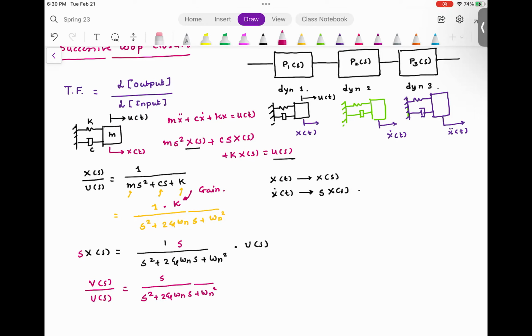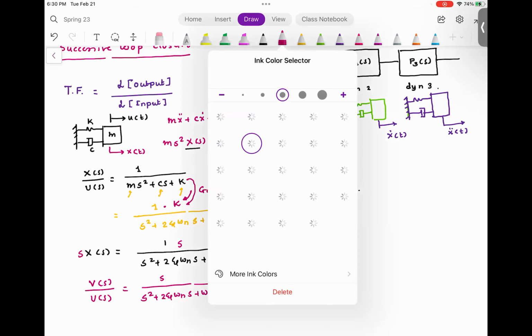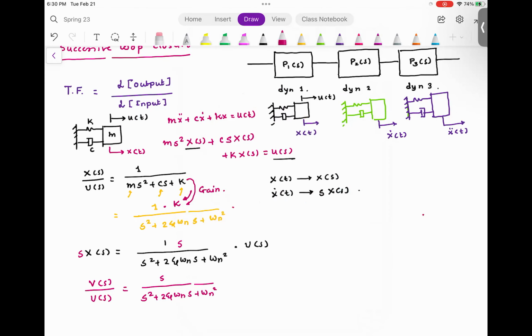So what I get and what I want is related by this gain K. Everyone understood this? And this K can be of different forms. So basically, if this K and this K are the same, do you agree with me? I can write this equation, and I want you to remember this, something like omega n square divided by the denominator. Do you agree with me?